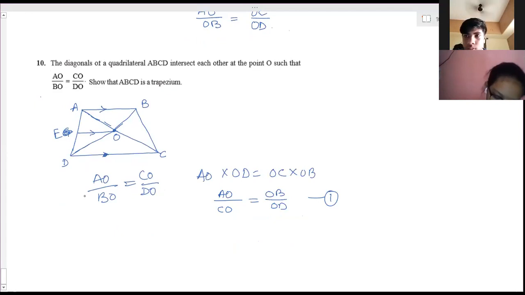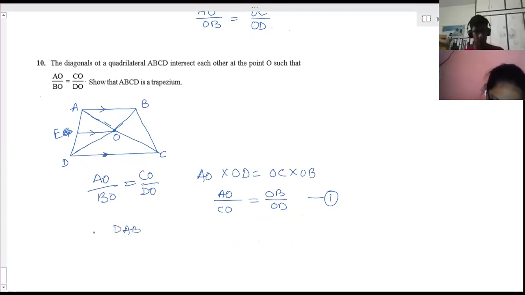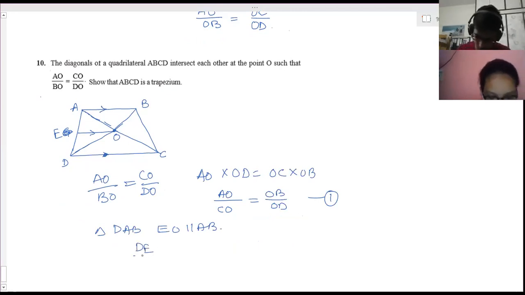Ma'am, after that, in triangle DAB, EO is parallel to AB. Therefore DE by EA equals DO by BO by the basic proportionality theorem.